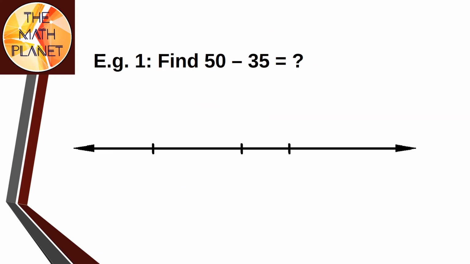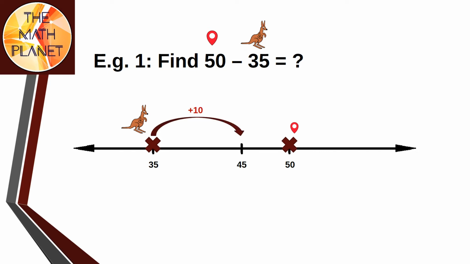The number of steps from start to end point will be the answer or the difference. In order to find the answer for this subtraction equation, I will start at the lesser number, which is 35, and end at the greater number, which is 50. So my start point on the number line will be 35 and my end point is 50. First, I will try to add tens. If I add one 10, I will reach 45.